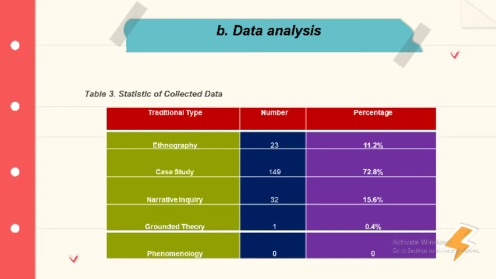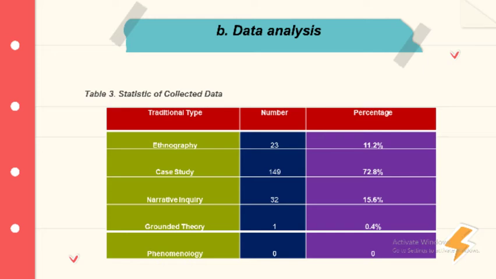And for data analysis in table 3, the statistics of collected data based on the specific analysis of 205 articles of TEFL from 2001 until 2015, with the result that qualitative research methods fall into 5 categories.